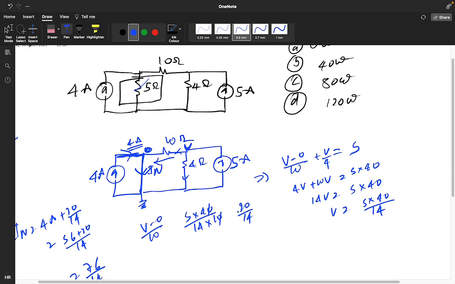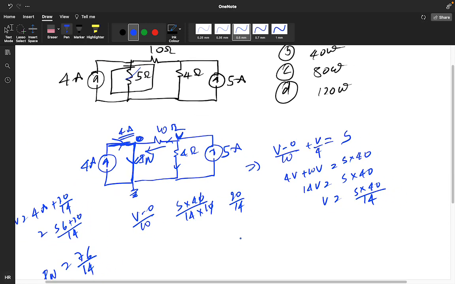Now find the equivalent resistance. To find it, this is the circuit and you are looking from this side. The current source will become open circuit. This is 10, this particular one is your 4, and this will also become open circuit. So what is the R equivalent?